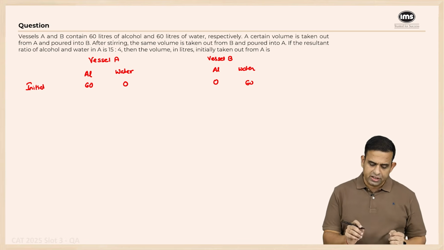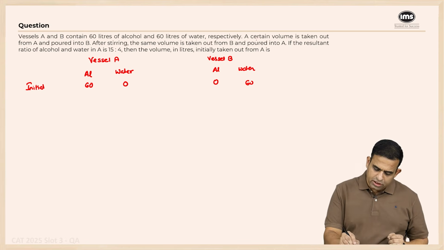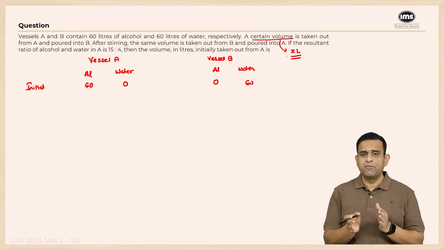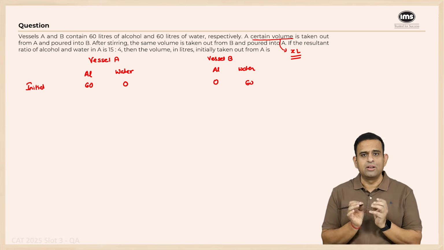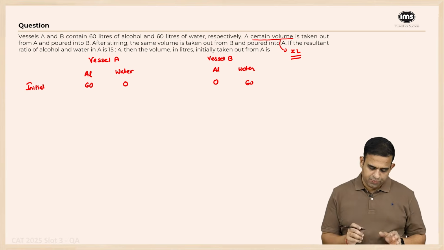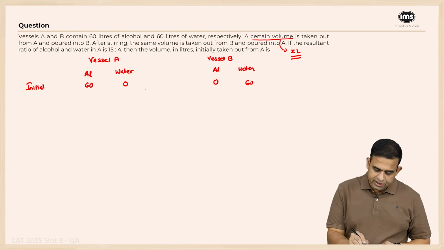Now let me assume that a certain volume is X liters. So I am taking out X liters and putting it from vessel A to vessel B. Initially, the entire X liters is alcohol.